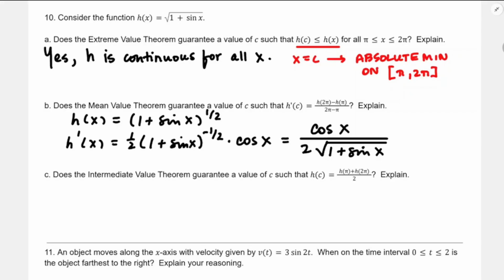All right, so what's going to happen here is there's going to be times where the derivative, at pi and 2 pi... Well, I'm really going to have to think about this. If we think about the mean value theorem, it requires that the function be continuous on the closed interval, which it is, and differentiable on the open interval pi to 2 pi, which in this case would not be a problem, right?